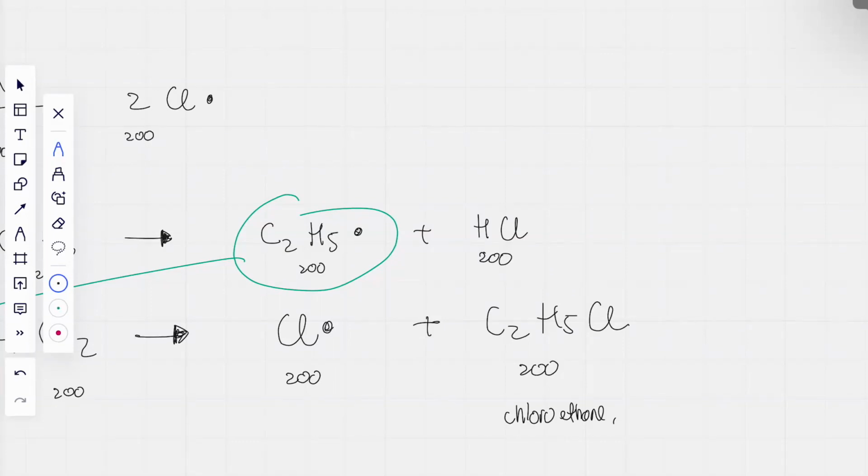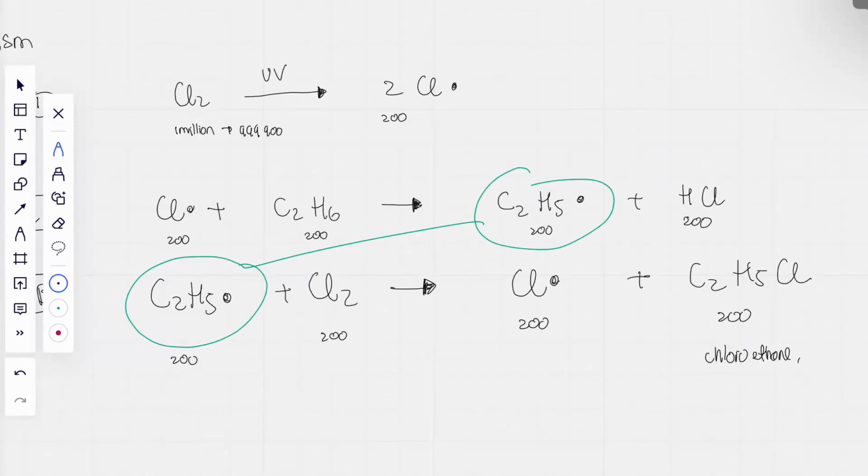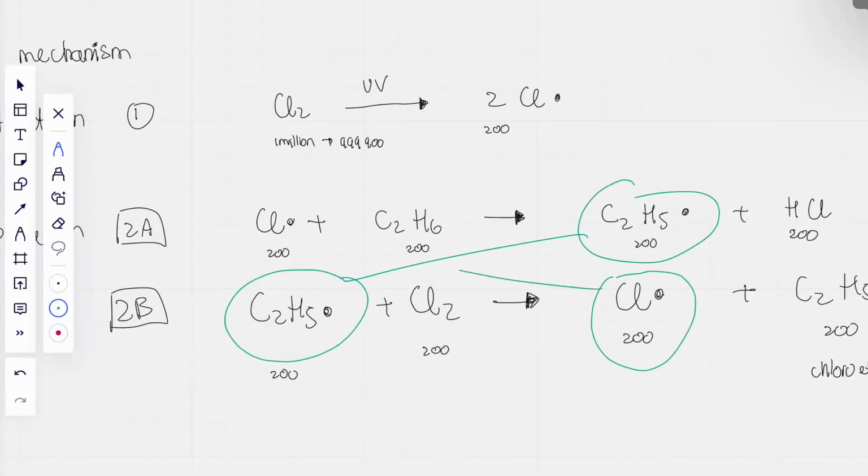Because this propagation repeats itself again and again. The 200 Cl radicals that were already produced will react in step 2A again, attacking another 200 C2H6, which will produce 200 HCl and C2H5 radicals that can be used for reactions.